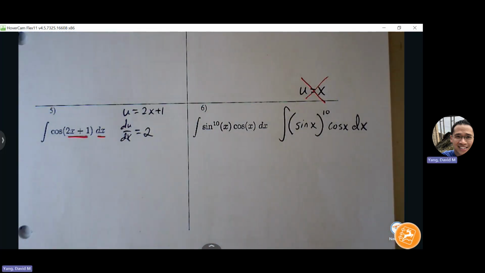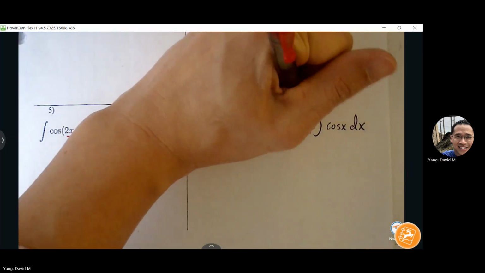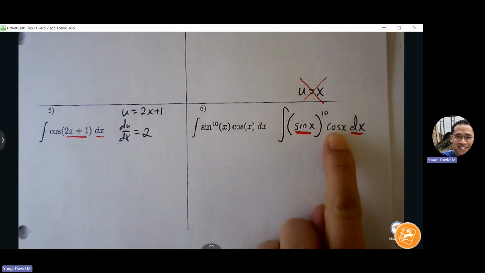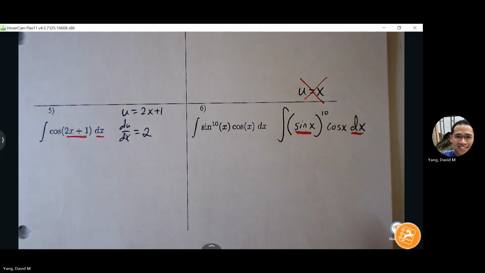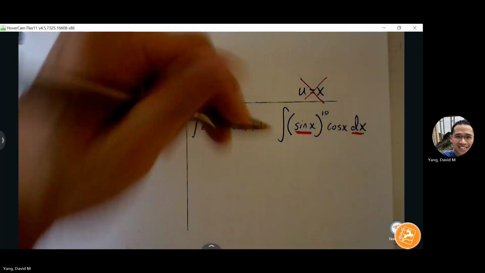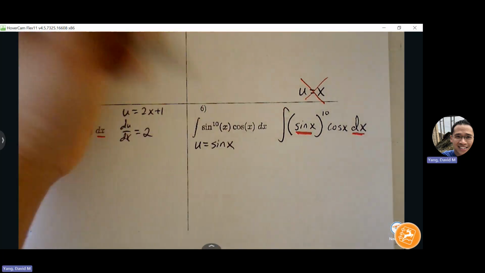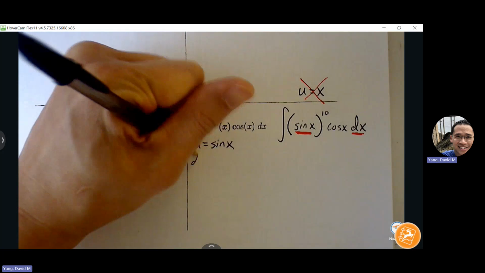And then from here, what could be our u value? Sin x. Well, do you think this cosine will take care of itself down the road? Yeah. If the u is sine, what's the derivative of sine? Cosine.